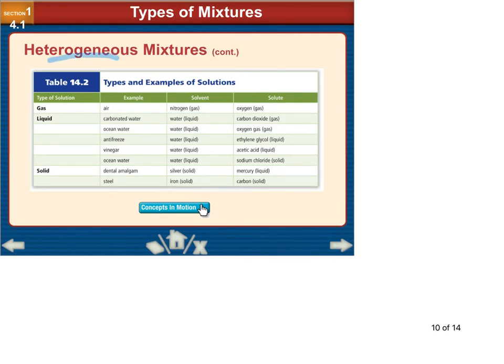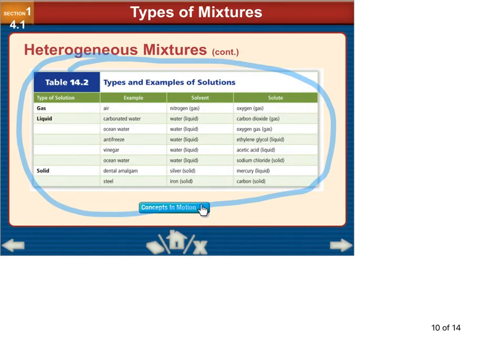And here are some various types of solutions. Again, another thing to add to your notes. We can have gas solutions, liquid solutions, or solid solutions based on what the solvent is.